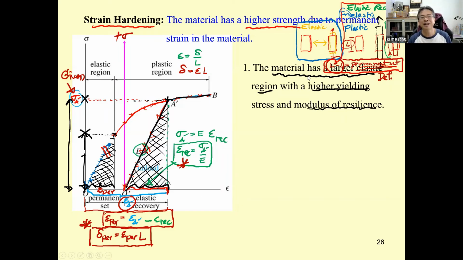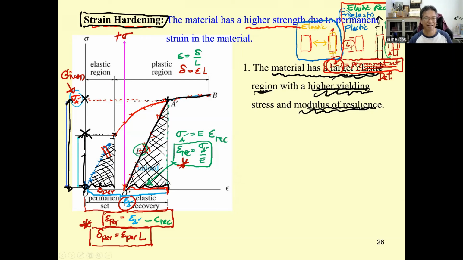So by doing the strain hardening, what we have is a larger elastic region, higher yielding strength and higher modulus of resilience.